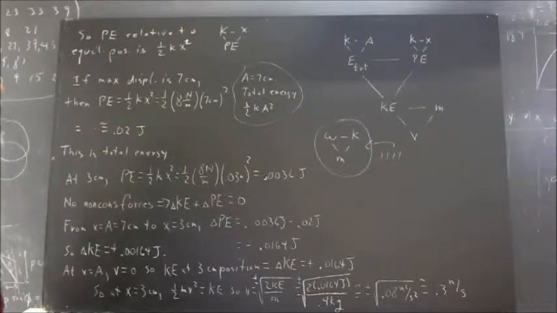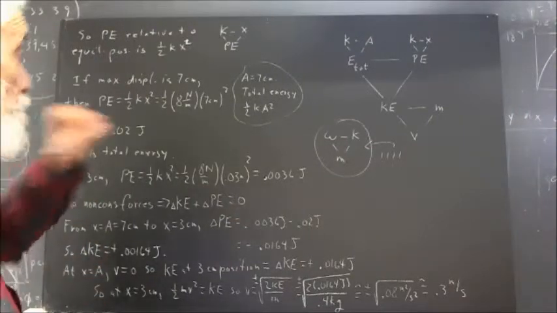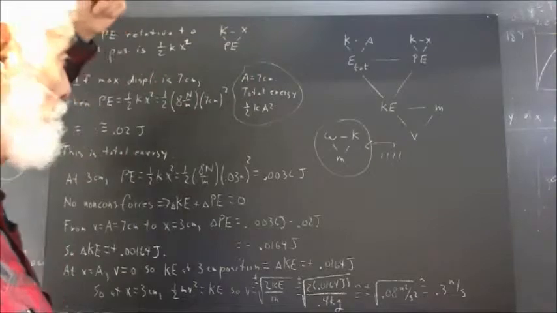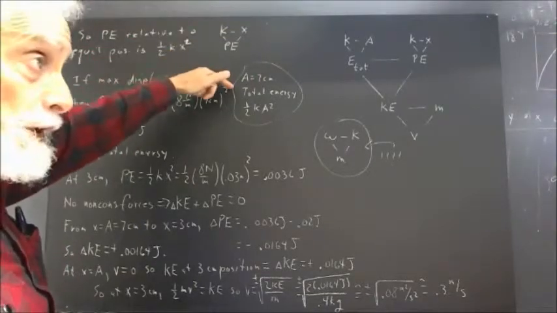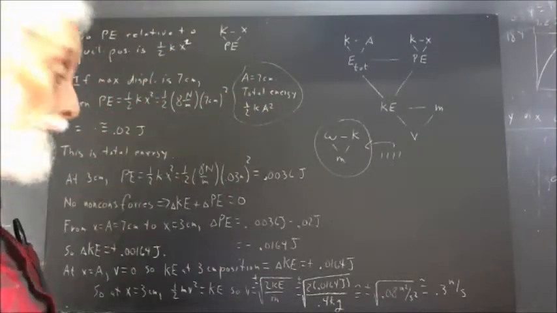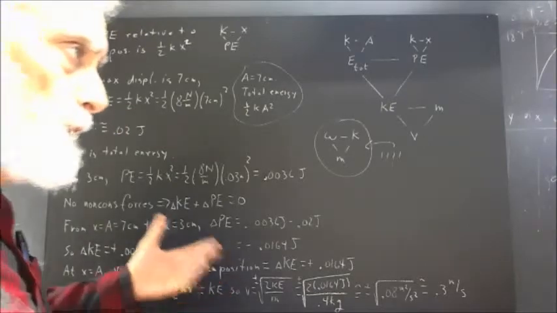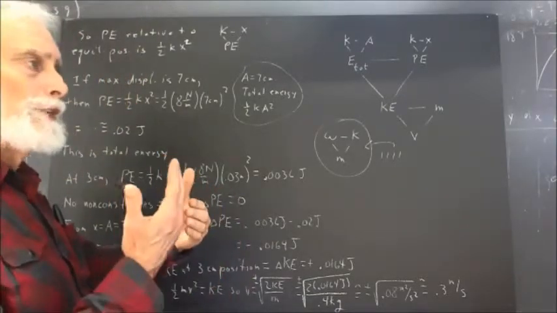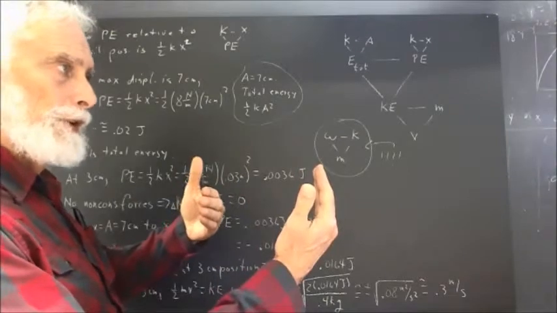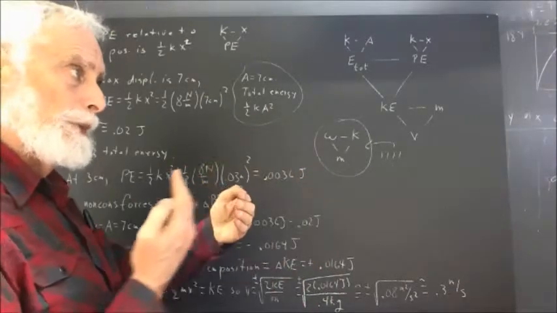Now, if the amplitude is 7 centimeters, we say the total energy is the potential energy that you have at that position. Why do we say that's the total energy? Well, the oscillator goes out to the extreme position and comes to rest for an instant before it comes back.